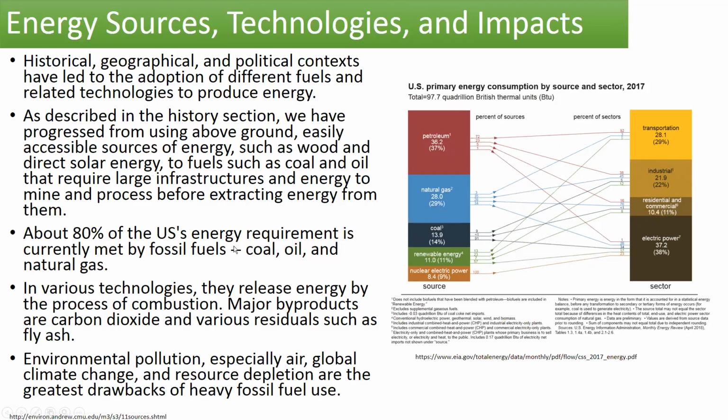So between electric power and transportation, we pretty much have 67% of the energy usage in the United States. And we can also see that in every one of these sources, energy is used in different sectors: transportation, industrial, and electrical power. So there is a mix of things among the uses in the United States.